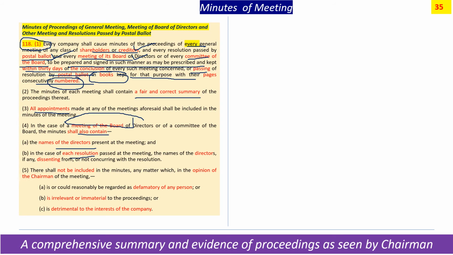In respect of each resolution, directors dissenting from the resolution will be mentioned specifically. But the chairman has a right to refuse inclusion if he feels the matter is defamatory or irrelevant or detrimental to the interests of the company.